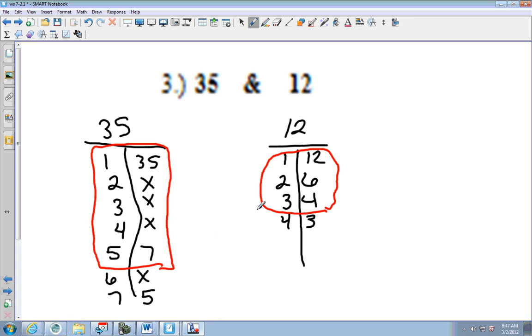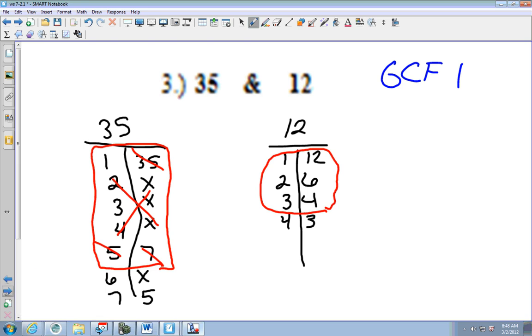Because 4 is here, but that's not even, so you can't use any of those. So you've got to see, is 35 in both of them? No. Is 7 anywhere in this? Nope. 5? Nope. What's the only number? A 1. The GCF is 1.